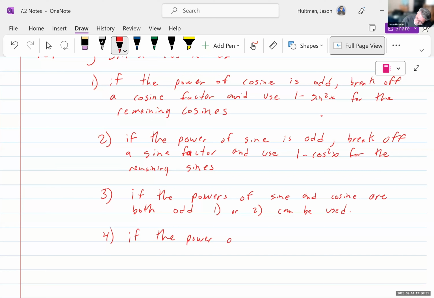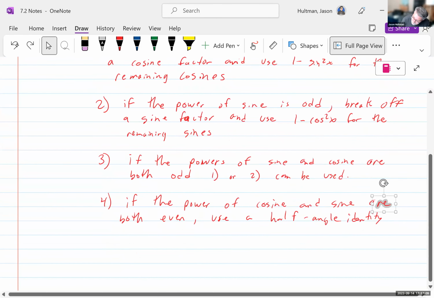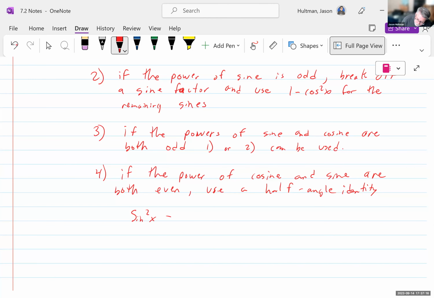If the powers of cosine and sine are both even, then we have to use a half angle identity, such as sine squared of x is equal to 1/2 times 1 minus cosine 2x.